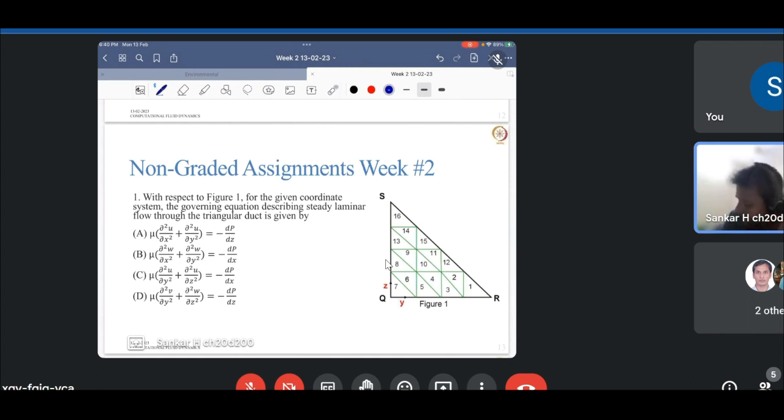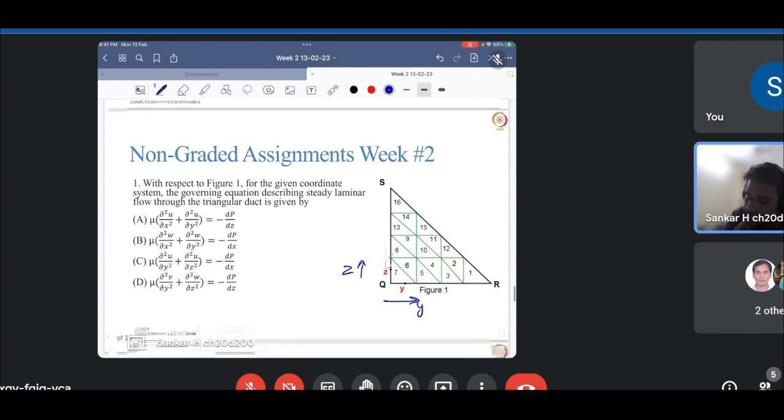With respect to the figure shown here, for the given coordinate system where y is here and z is here, the governing equation describing the steady laminar flow through the triangular duct is given by which of them? First we need to know what the Navier-Stokes equation is, and from that we need to reduce to this form.